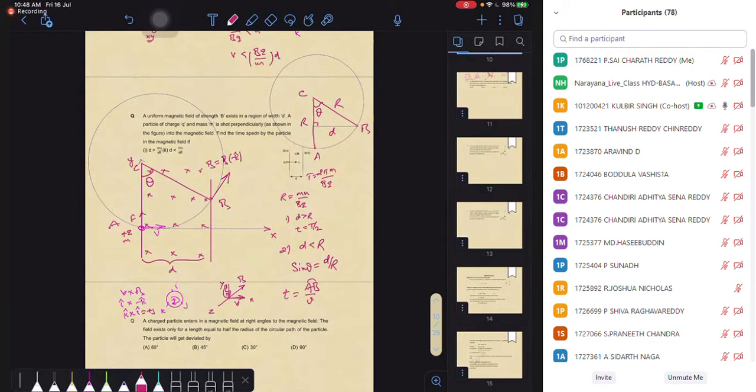I know the radius and I know theta, so the arc you can find easily. So it will be arc, R theta, by speed, which gives me the time.